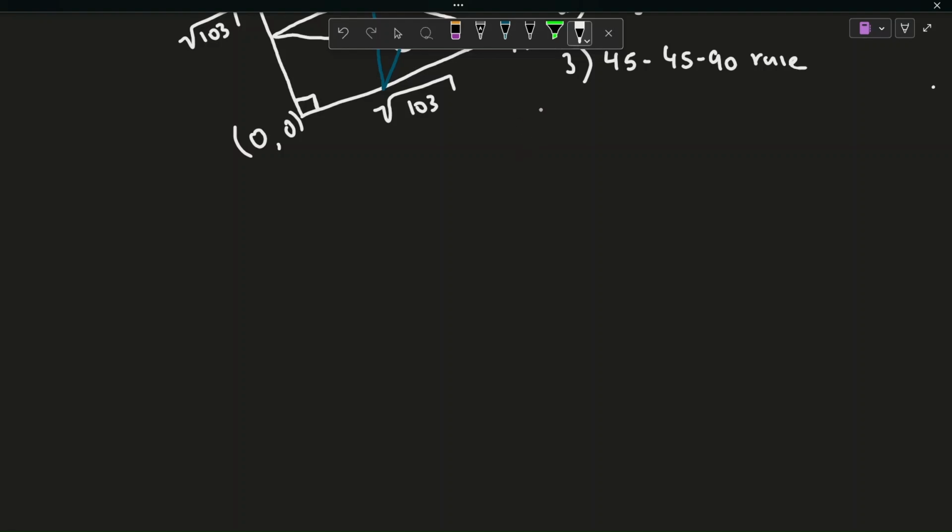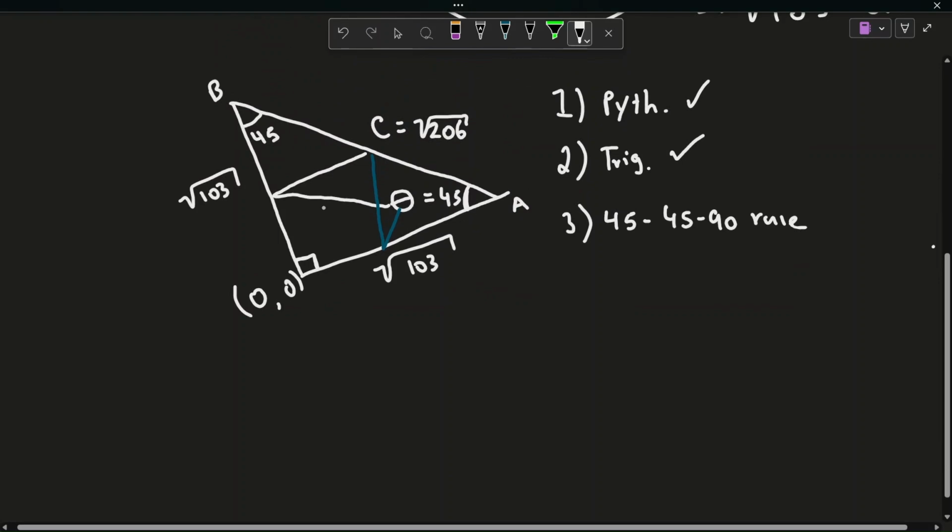The 45-45-90 triangle rule states that when the value of these two lines is, let's say we call these two lines A, that means C is equal to the square root of 2 times A. All right, so that is the 45-45-90 triangle rule.